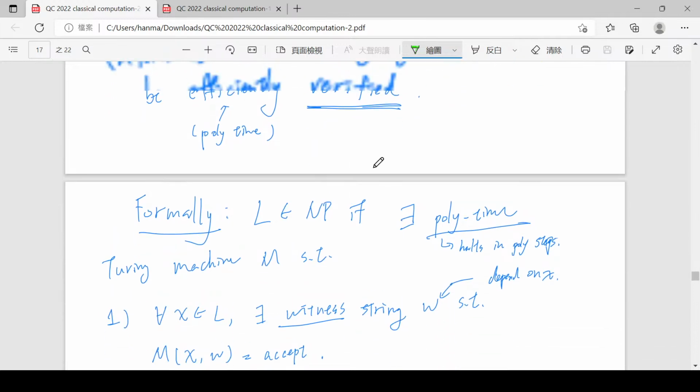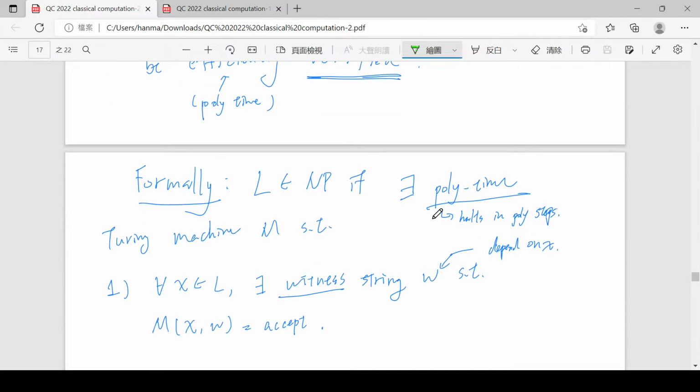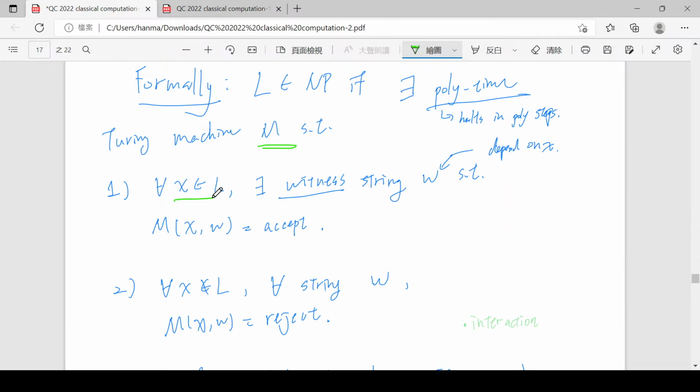So formally, NP is defined this way. A language is in NP if there is a polynomial time Turing machine M, so basically a very efficient algorithm, such that if you have a yes instance, so if your input is in the language, then there is this witness.